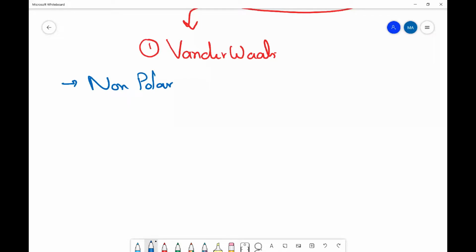A polar molecule is the one that has dipoles on it, and a non-polar molecule is the one that doesn't have any dipoles on it, which means that there's no difference in the electronegativity values of the two atoms joining in a non-polar compound. Okay, so it must be non-polar. The two compounds must be non-polar over here to have van der Waals.